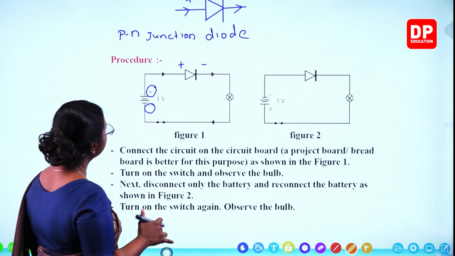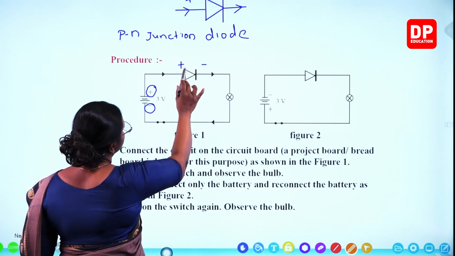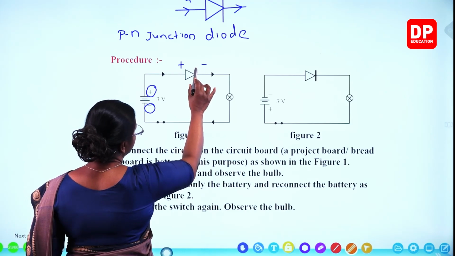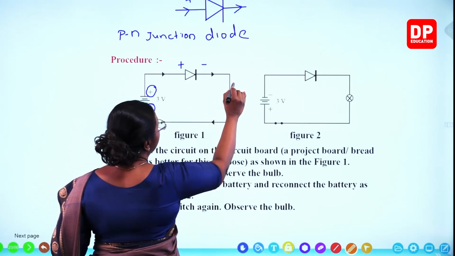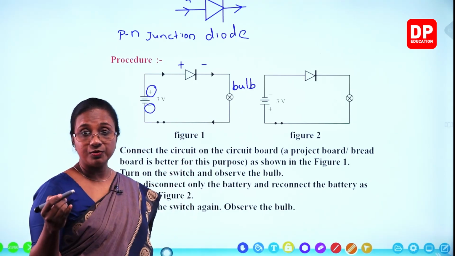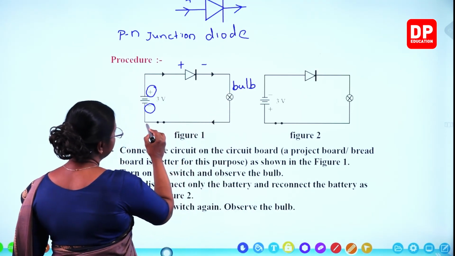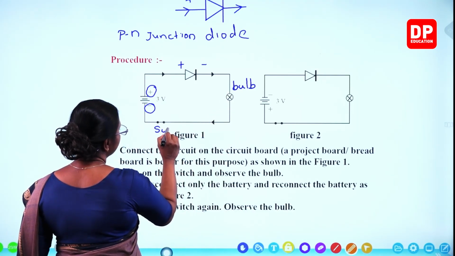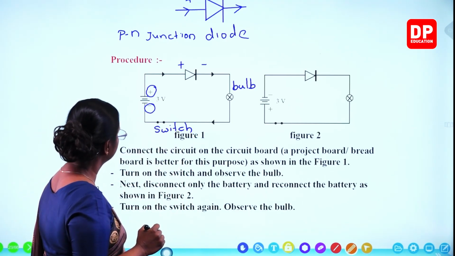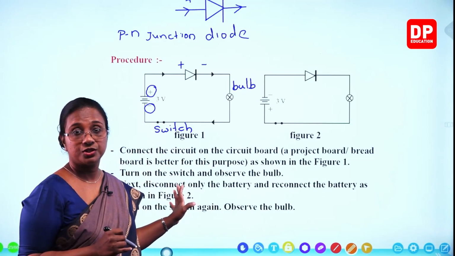So you can see the connection. Positive terminal is connected to the P region of the PN junction diode. Then we have the bulb there, so that we can observe whether current is flowing through the PN junction or not. Then you can see here it comes back, and this is the switch, and the switch is connected to the battery. Here of course the switch is closed.